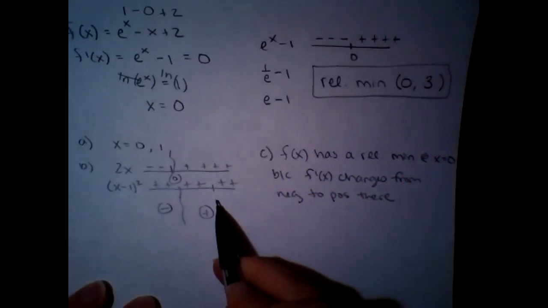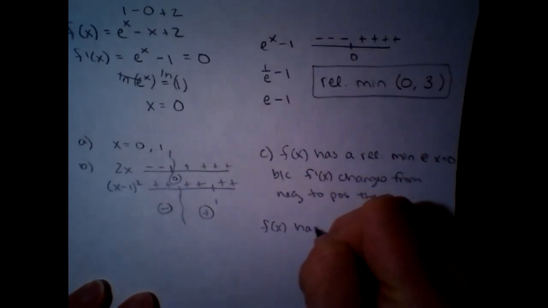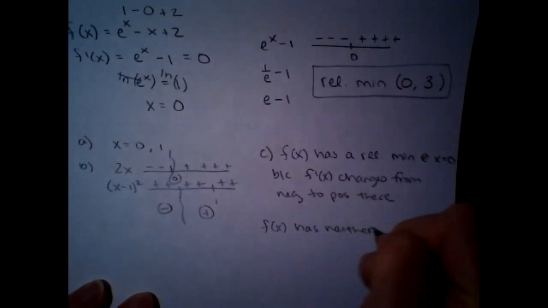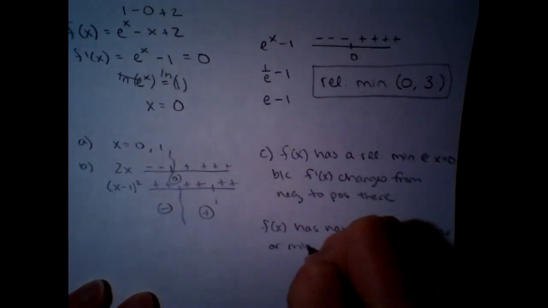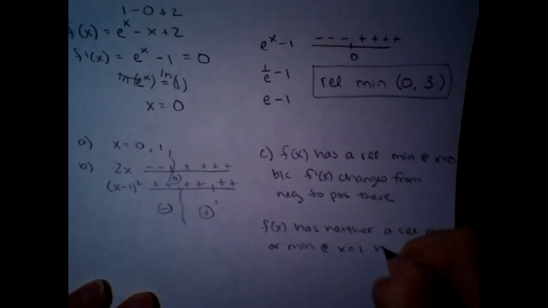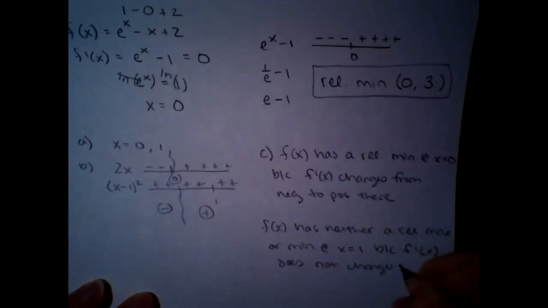And then at 1, we don't have a change. It stays positive. So f of x has neither a relative maximum or minimum at x equals 1 because the derivative does not change sign there.